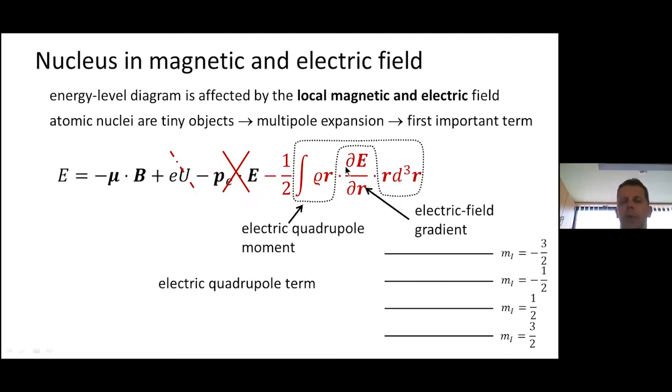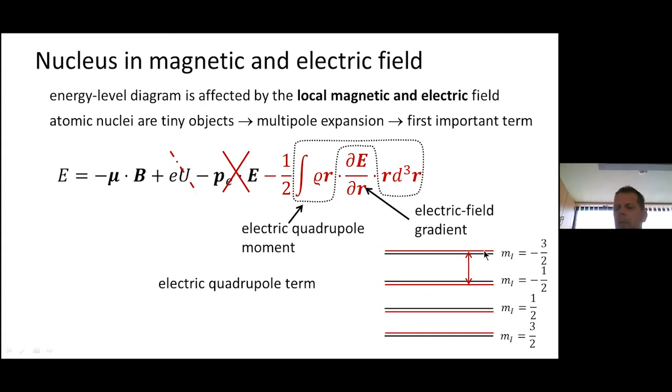So if we want to learn something about the electric field at the position of the nucleus, we have to consider the next term in the expansion, and this is the quadrupole term. And this term looks like this. In this term, we have a product of electric quadrupole moment, which is here, and the electric field gradient. So this is the first term that we really can detect, because this one does affect differently energy levels with different magnetic quantum numbers.